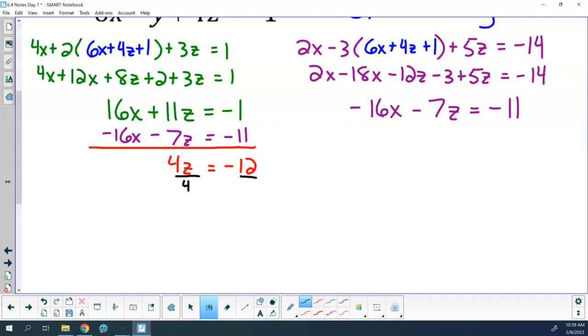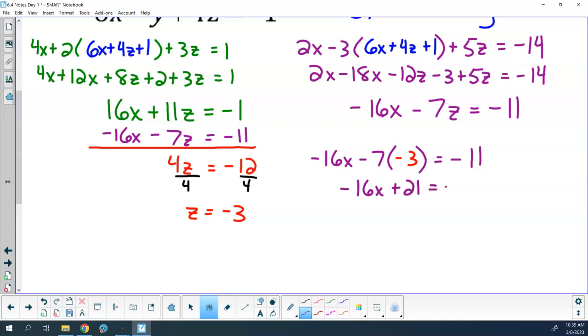Divide by 4 gives me z is negative 3. Let's go into this one. Get x is 2.